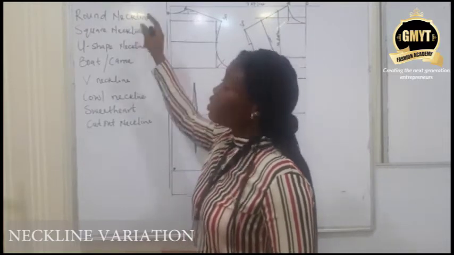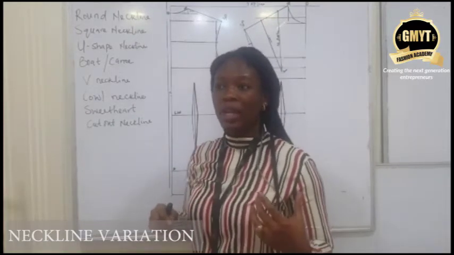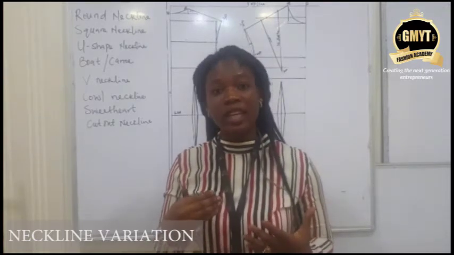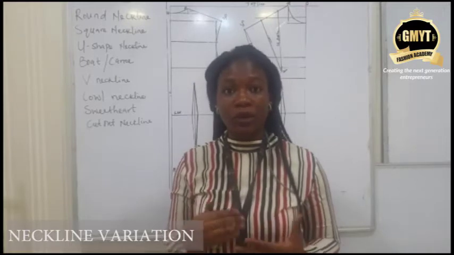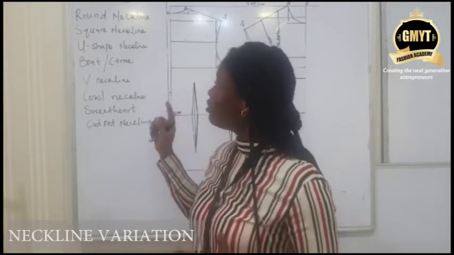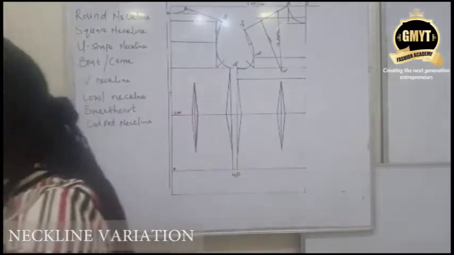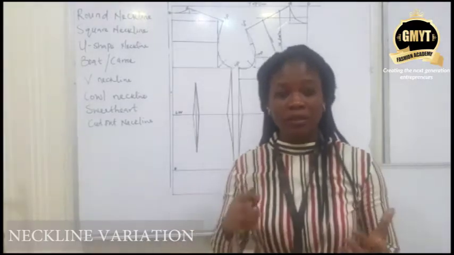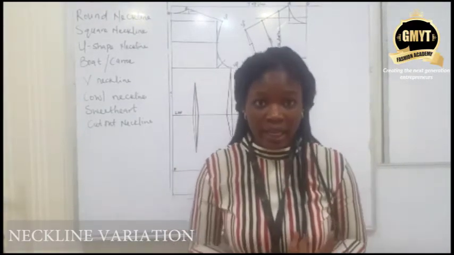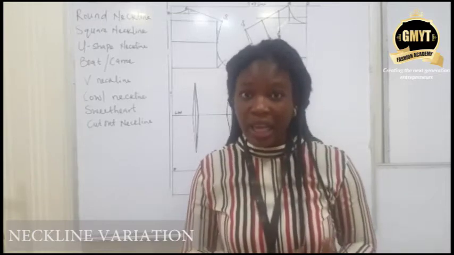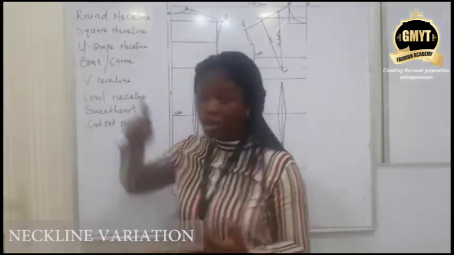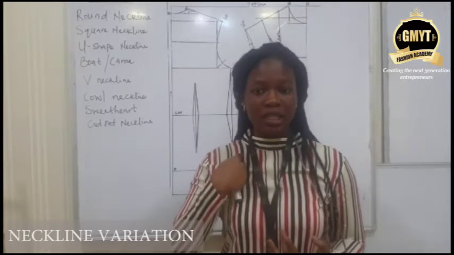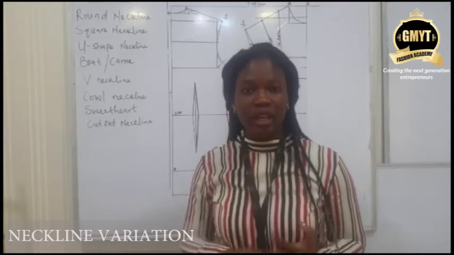Coming to my round neckline, I said your depth and your width determine your neckline. Under round neck we have the crew neckline, the jewel neckline, the scoop neckline, and the U shape should also fall under round neck, because at the end of the day it still gives you a round-like shape.